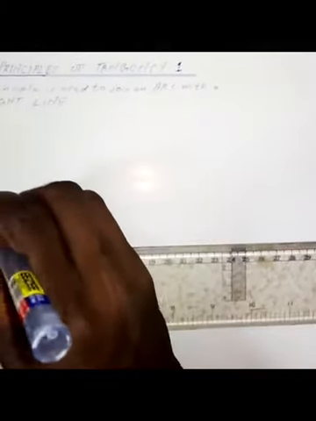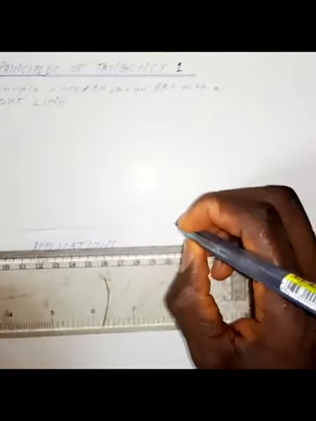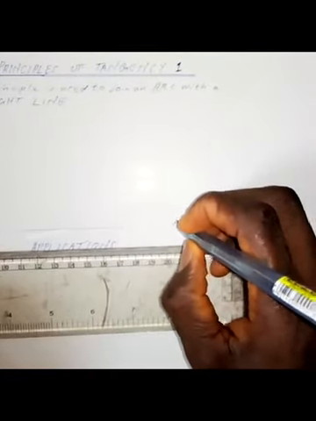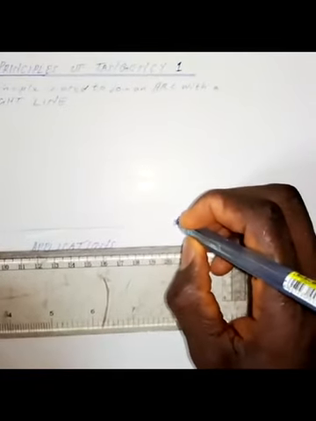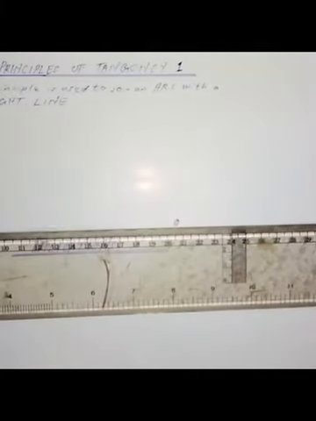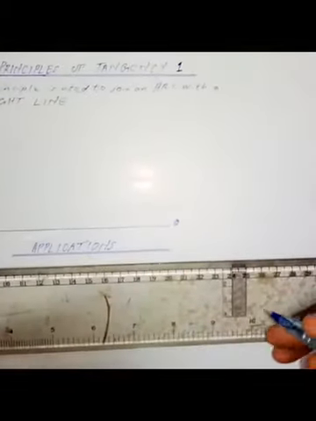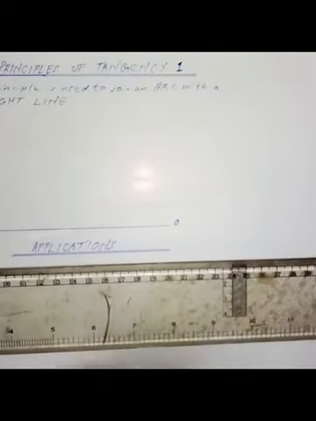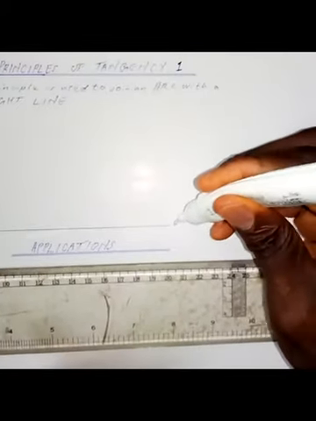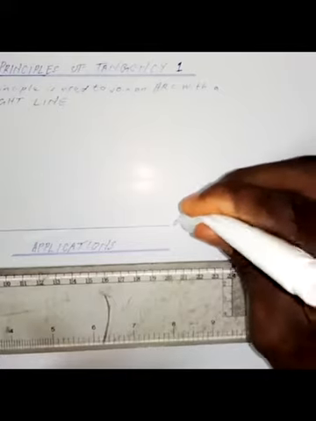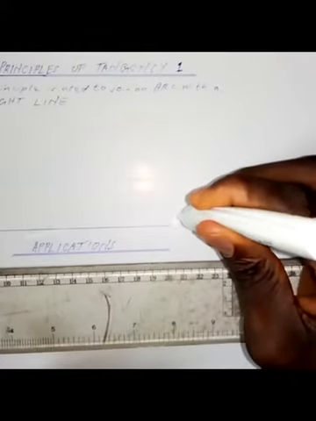So here is a straight line AB. The line has been made thick. This B is not well written, so I'll write it later.